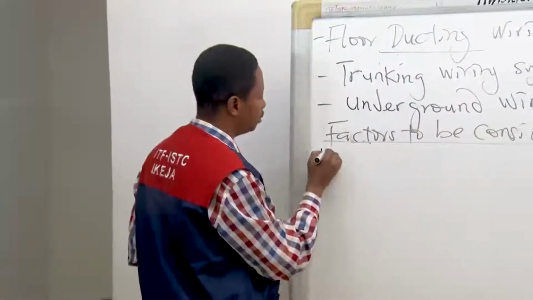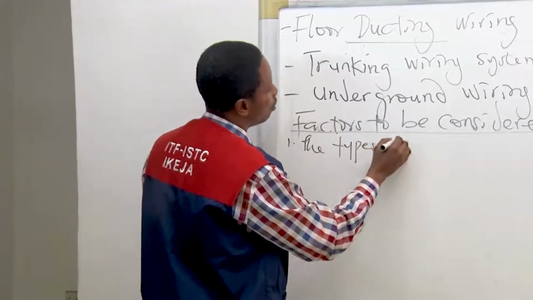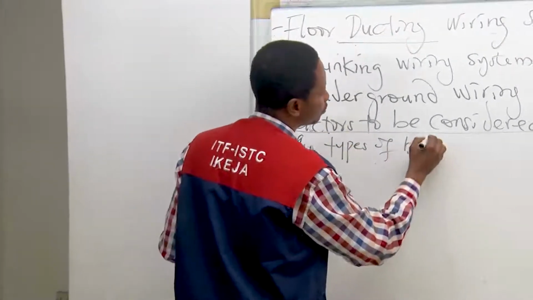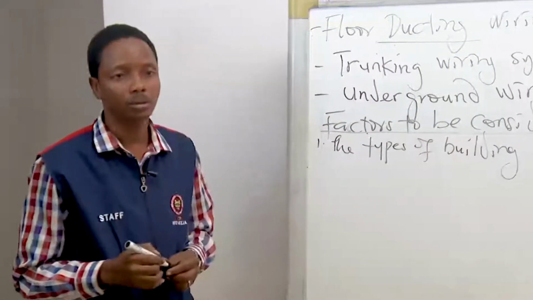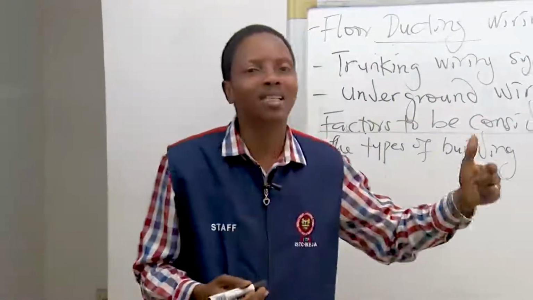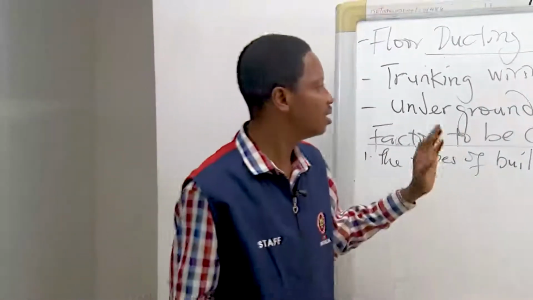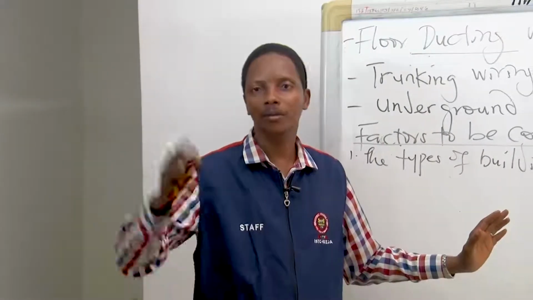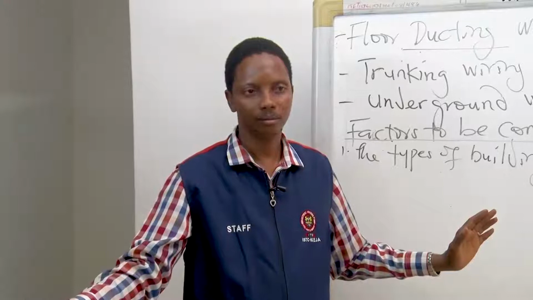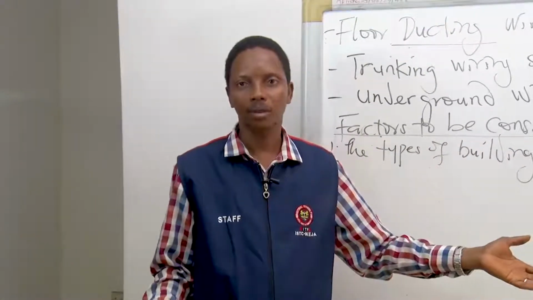The first one is the types of building. You must consider the type of building so that it will determine the type of wiring system you want to use. For instance, residential building is different from factory. Factory is different from a hospital.